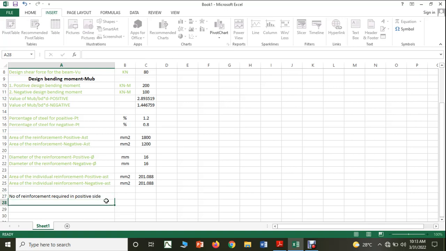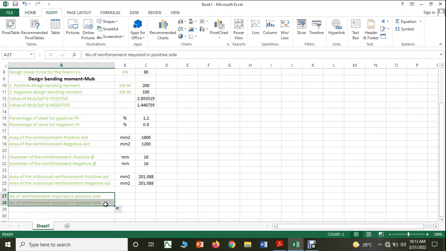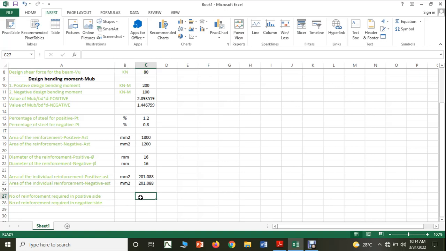Same thing, you want the number of reinforcement required in the negative side. There is no unit for that. In order to calculate that, you find this divided by this. Similarly for this one, this divided by this.